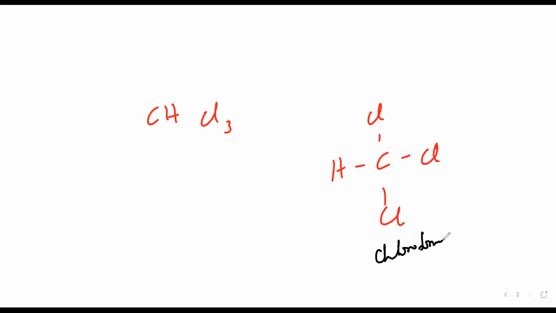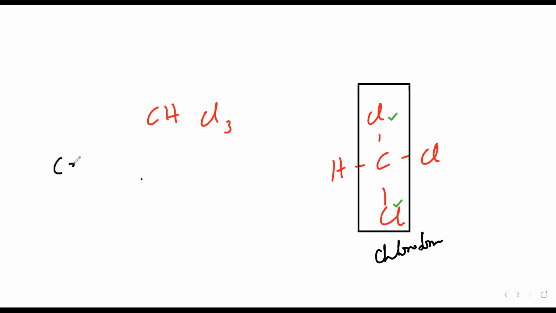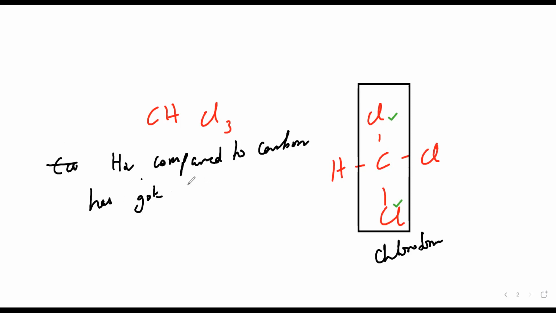So in this also, the vertical one, the Cl and this Cl, their charges will cancel out each other. Correct? Yes. But hydrogen, compared to carbon, let me write it here in words: hydrogen compared to carbon has what?